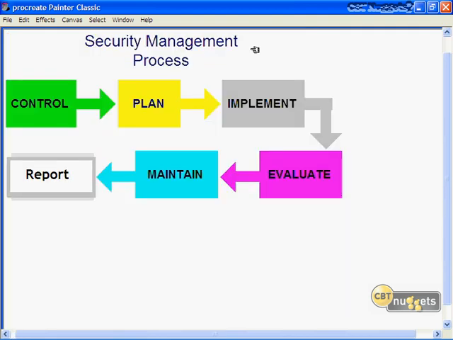Next, we want to explore the security management process, which involves 6 steps: control, plan, implement, evaluate, maintain, and finally, report or document. The control activity is the first sub-process of security management, and this is the part where you organize and manage the process.